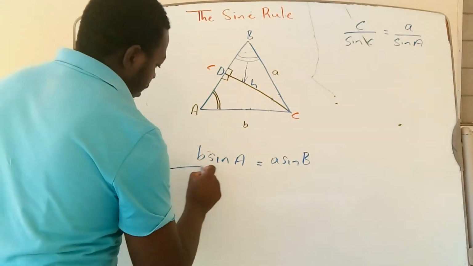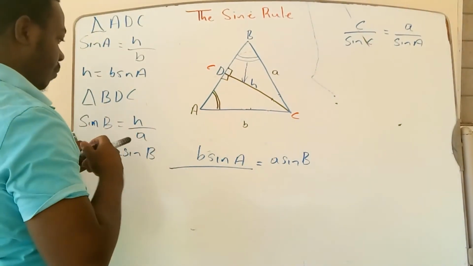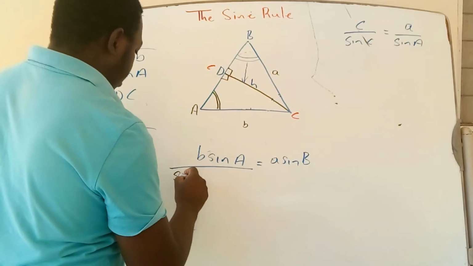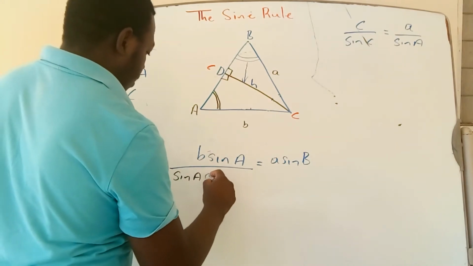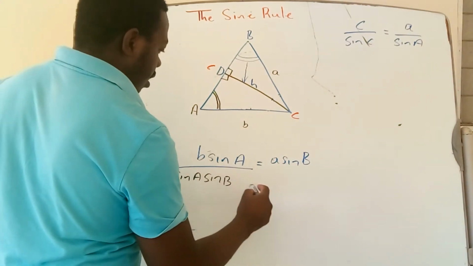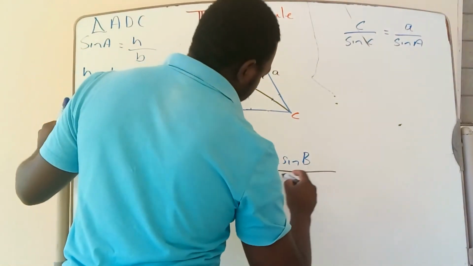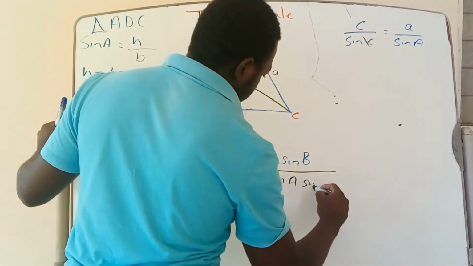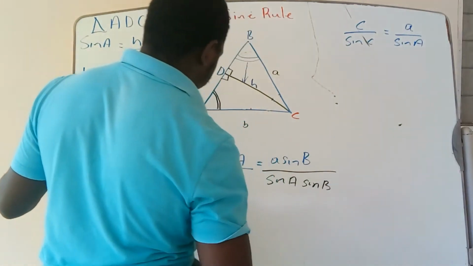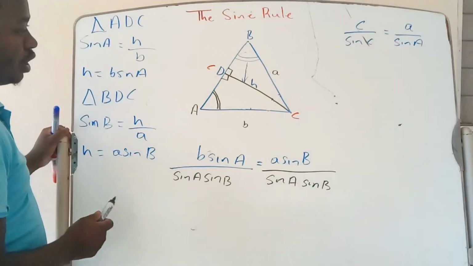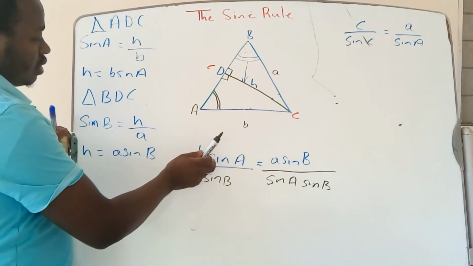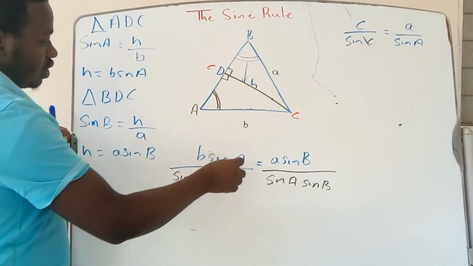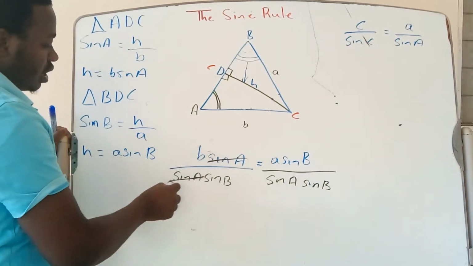And I am going to divide both sides by sine of a, sine of b. Now here, clearly, I have a sine a in the numerator, so this sine a takes out this sine a in the denominator.